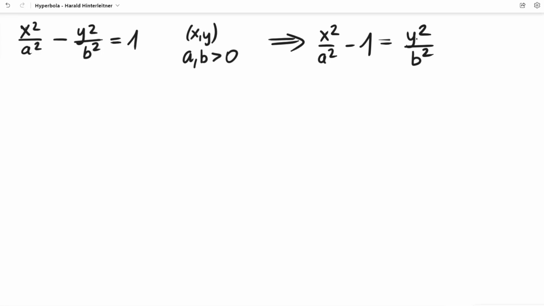And now we can express y. So we multiply by b squared, and we take the root at the same time. So the remaining term is the root of this.